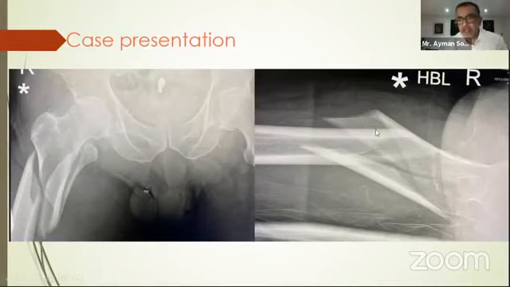Without correction of the sagittal plane deformity, this fixation is going to be very, very difficult. The iliopsoas has pulled the lesser trochanter along with this fragment, both medially and anteriorly, and therefore we do not have a tube anymore. And we have to correct all this before we do anything.